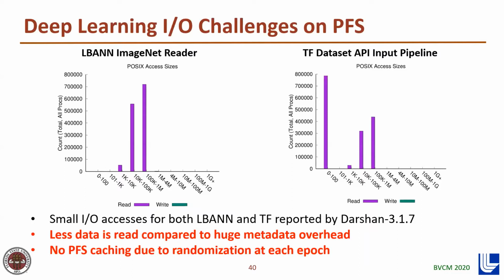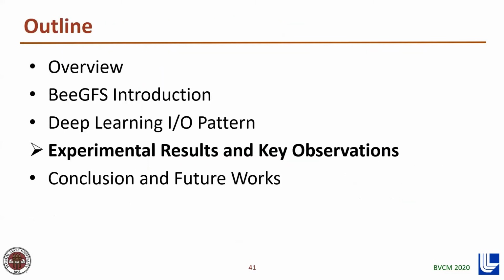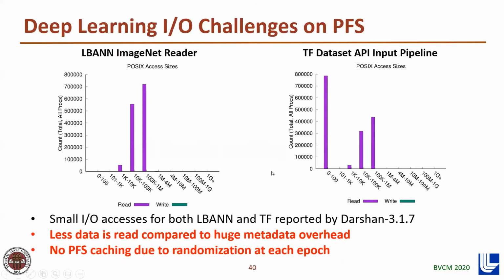Because of this randomization, we cannot take advantage of the inbuilt caching in parallel file systems or any traditional parallel file system. So the basic challenges are, we read a very small amount of data from each file, but we have to access each file, so we go through the huge metadata overhead introduced by the parallel file systems on HPC.